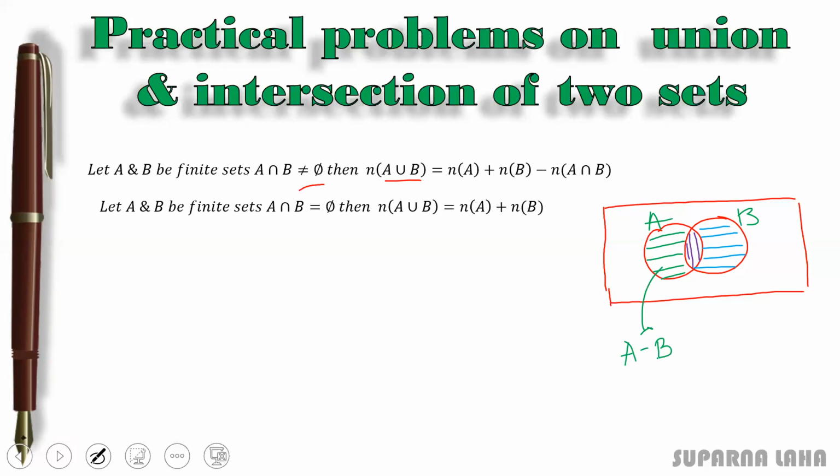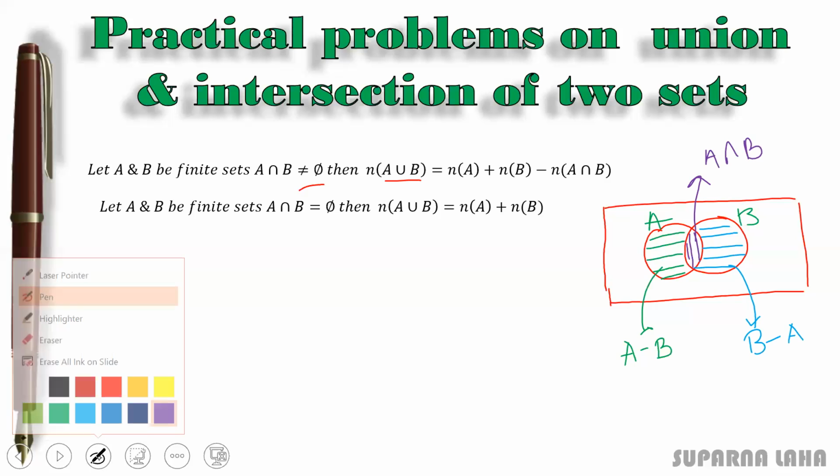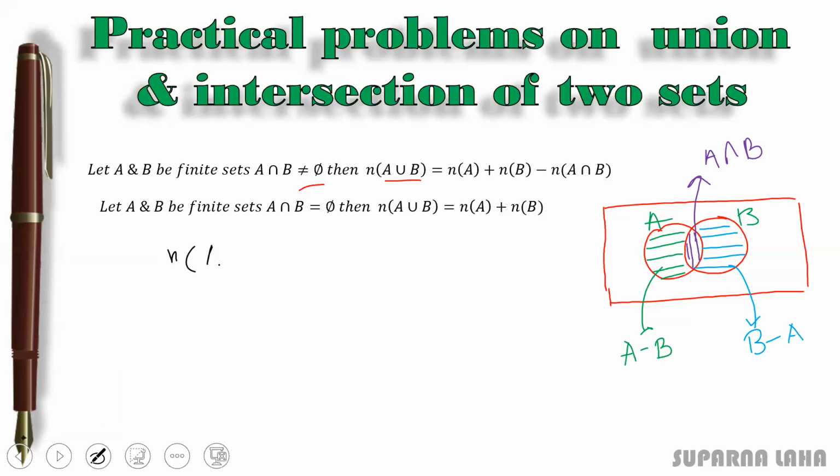From all the elements of A, I'm eliminating the elements of B and we get this set A minus B. Now this portion is B minus A, and this middle portion is A intersection B. So the number of elements in A union B is the number of elements in A minus B plus the number of elements in B minus A and the number of elements in A intersection B.